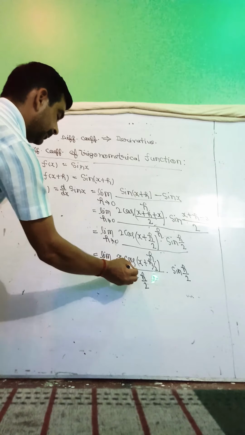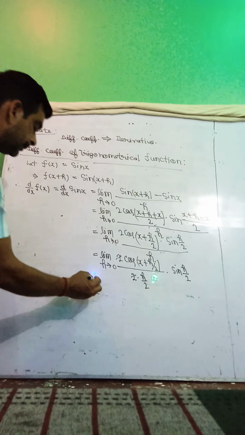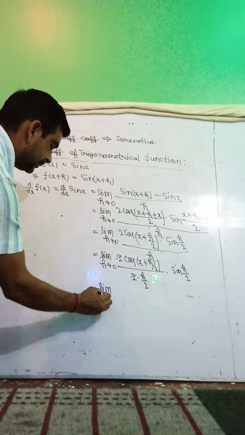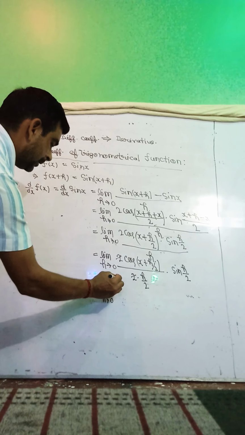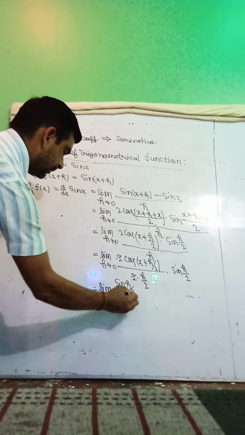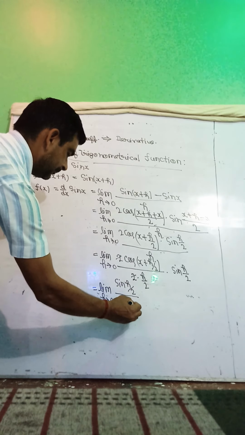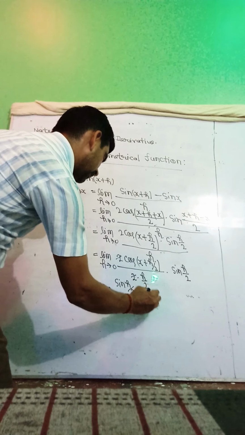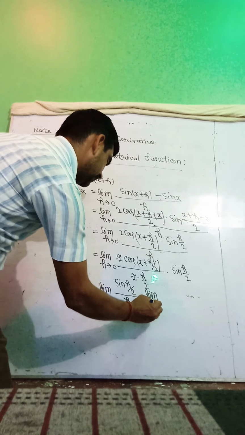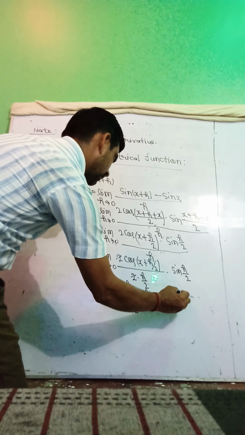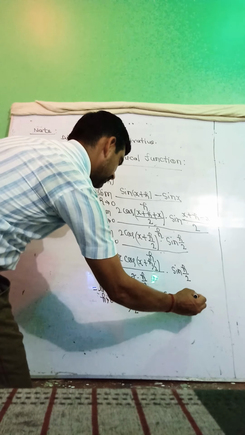Here 2 and 2 cancel, so limit h tends to 0, sin(h/2) divided by h/2 into limit h tends to 0 cos(x+h/2).